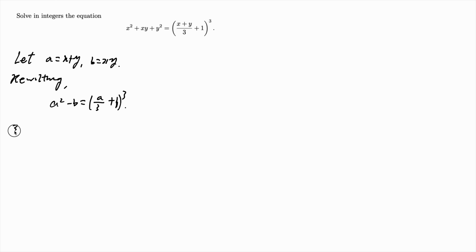And notice that 3 divides a, because a squared minus b is an integer, because x and y are integers. Therefore, let a equal 3k. I think k is a good variable.